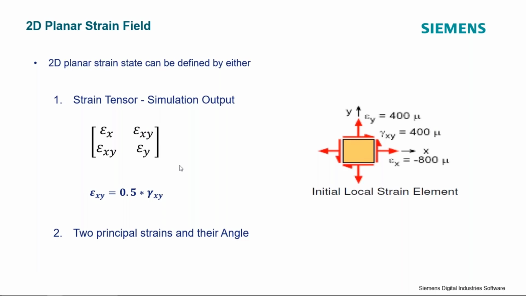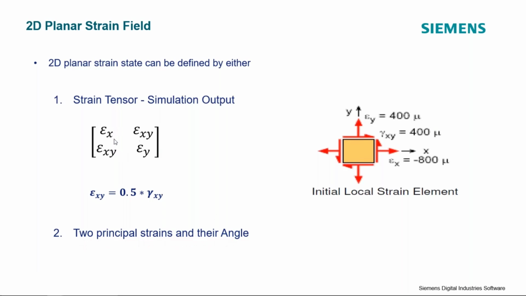And then we also have two shear strains, epsilon xy, and it's the same value here, epsilon xy. And so when someone running a simulation model is doing a durability analysis, they can essentially generate this strain tensor at every single element on their model. And from this strain tensor, we can calculate a number of different quantities. The ones that you may be most familiar with are, for example, two principal strains and the angle of that principal strain.